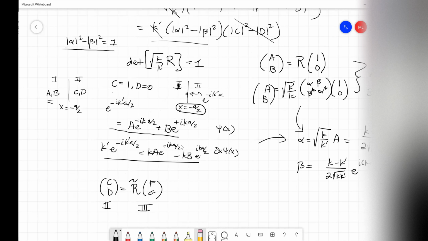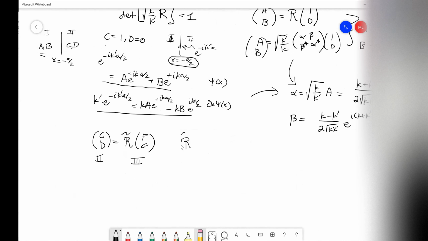What you find is, because of the symmetry of this particular problem, this is exactly the same as before. First of all, this thing has the same form. It must, just by the fact that the potential is real and current conservation, have the same general form in terms of these alpha and beta coefficients. I put a little tilde because it could be a different beta from the boundary between 1 and 2. But it still has the same form.